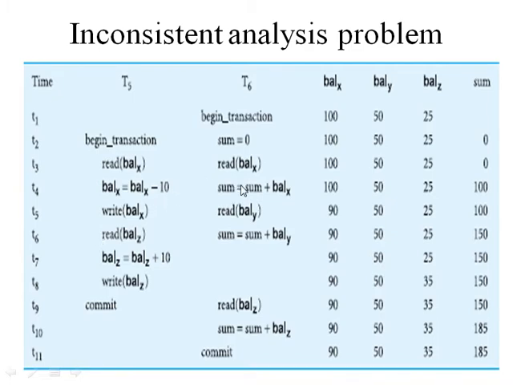So T6 should wait, and not read the X and Z balances until T5's updates on X and Z are completed. By that we can avoid this inconsistent analysis problem. So these are the three problems that may occur with concurrent, simultaneous, parallel transactions.